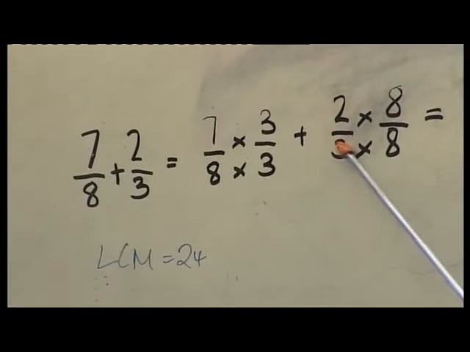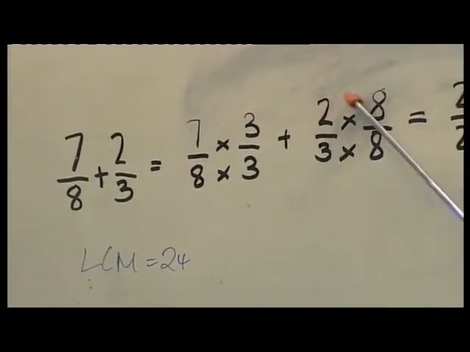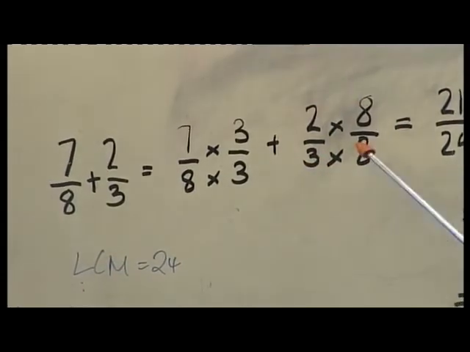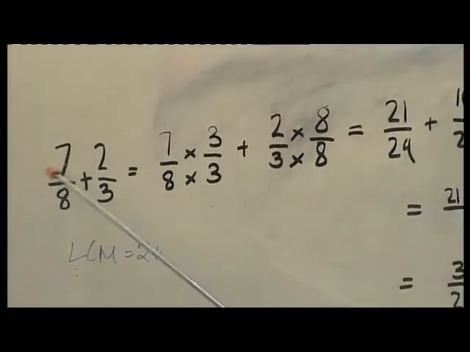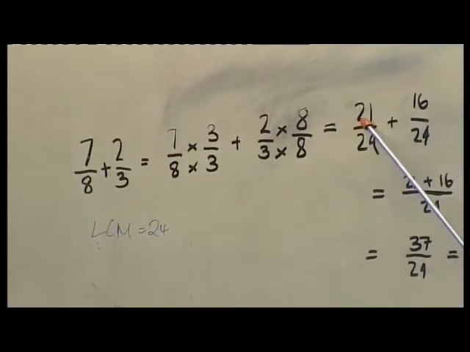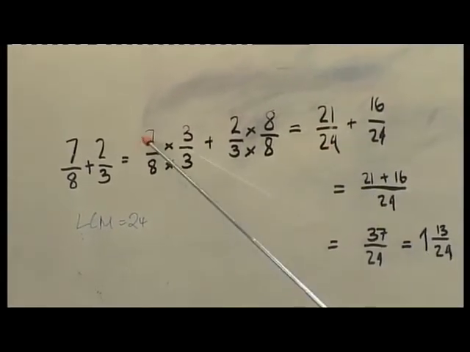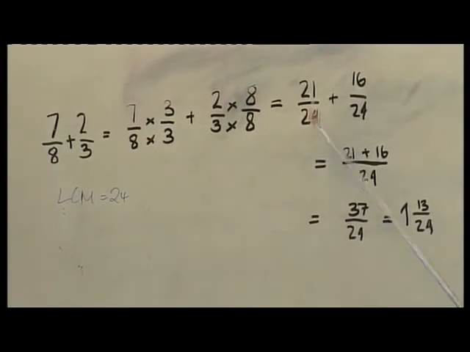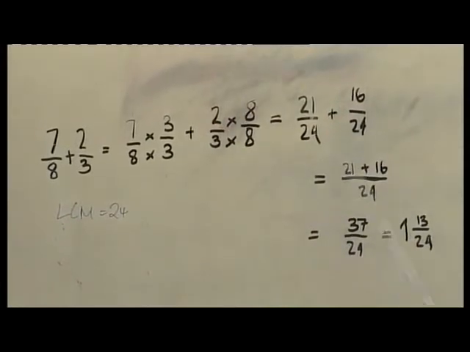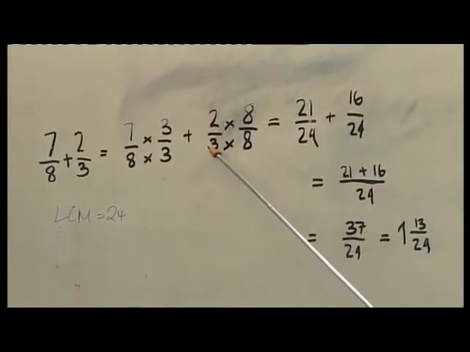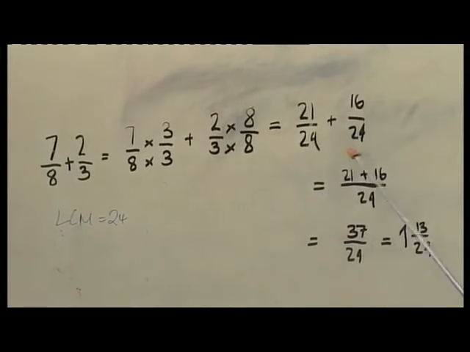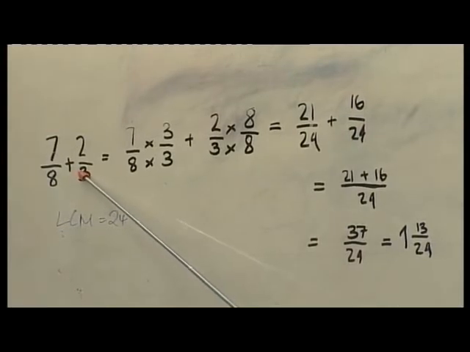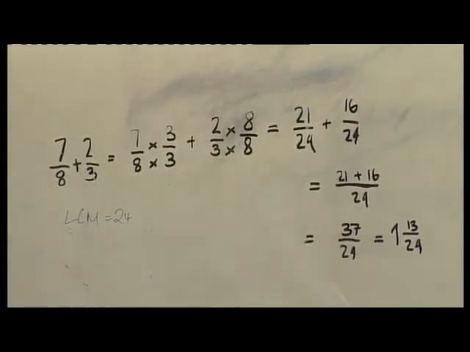That's why we have 2/3 multiplied by 8. So 7 times 3 is 21, 8 times 3 is 24, plus 2 times 8 is 16, plus 3 times 8 is 24. So 16/24 is the equivalent fraction for 2/3.